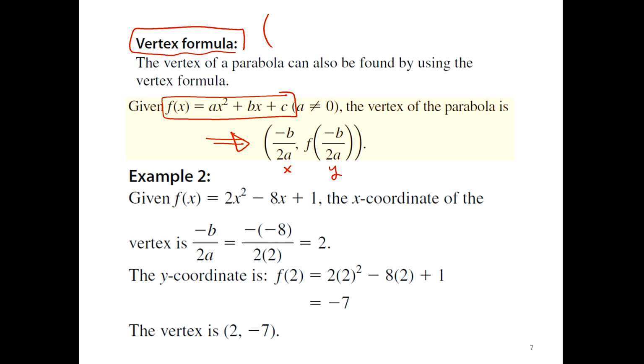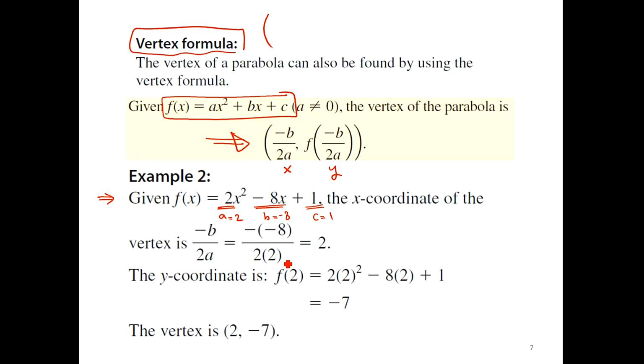To obtain the y. For example, here we have 2, so a equals 2. We have the coefficient of x minus 8, so b equals minus 8. And c equals 1. So the x-coordinate is minus b over 2a, minus negative 8, over 2 multiplied by a, which is 2.